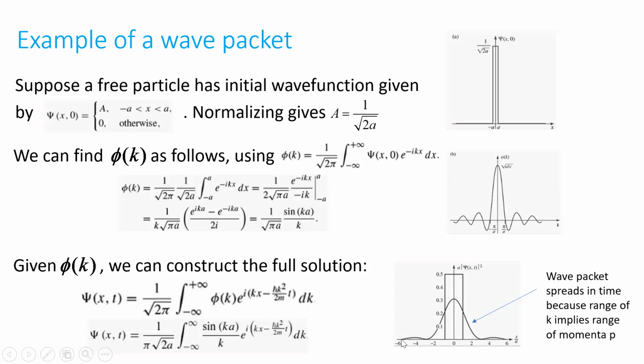And so that has the effect of making this wave packet spread out in time, from its initial packet. And that's called wave packet spreading. It's a general feature of wave packets that they spread out in time because of the range of wave numbers k and the range of momenta p and velocities v that they have. Okay, so that's a worked example of a wave packet, and you can see the wave packet spreading pretty clearly in this figure.